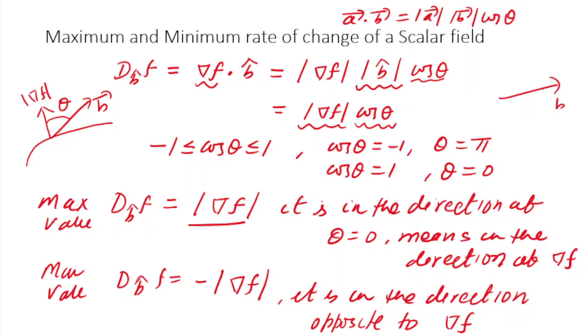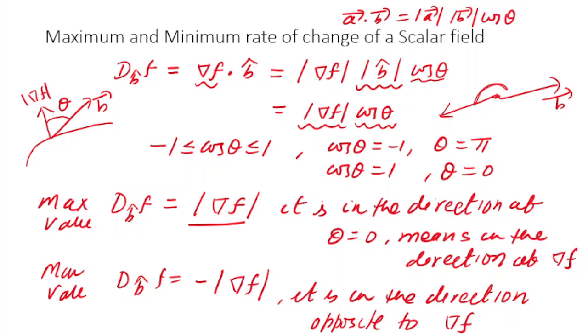Suppose this is the direction of b, and this is the direction of del f, meaning they are at 180 degrees. In that case, this directional derivative will be minimum, because in that case it will be minus the magnitude of del f.